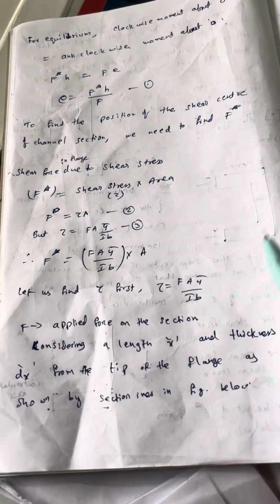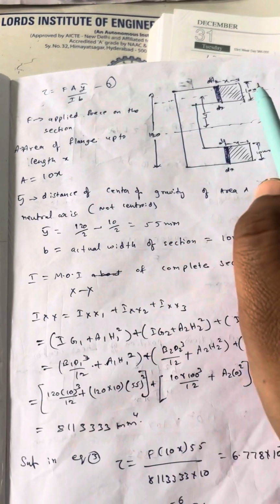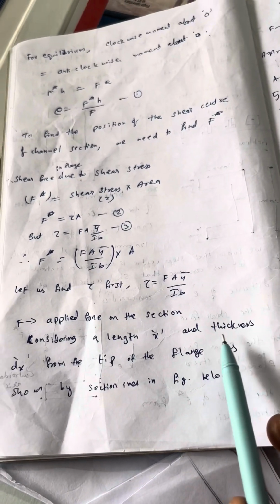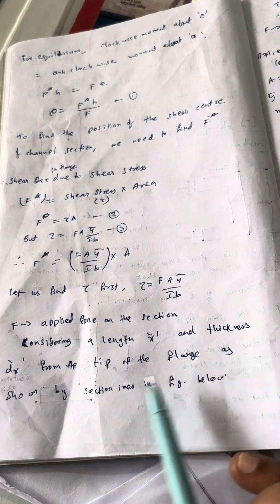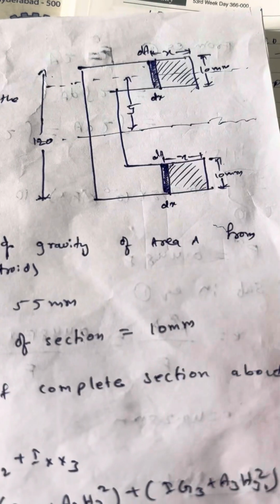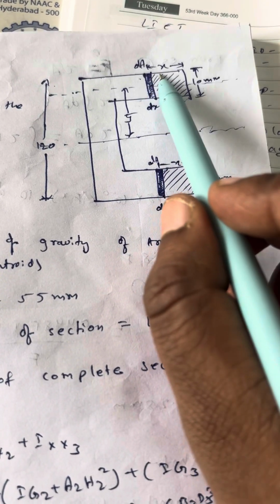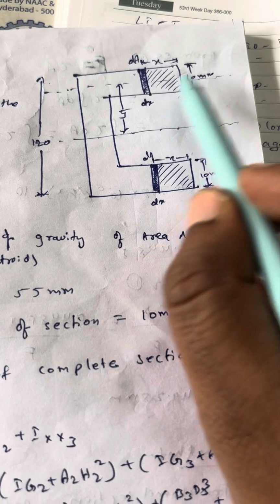Where F is the applied force on the section, A is the area of the flange up to length x. Here we are considering a length x and thickness dx from the tip of the flange, as shown in the figure. We are considering a small element dx in the flange at a distance x from this tip.